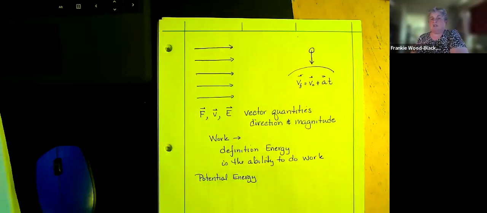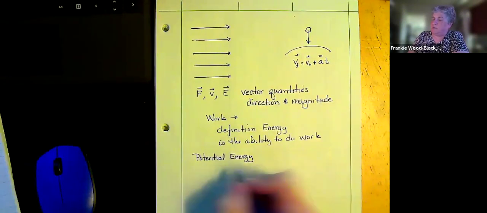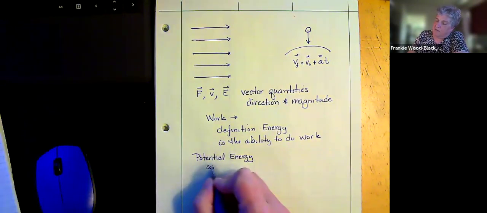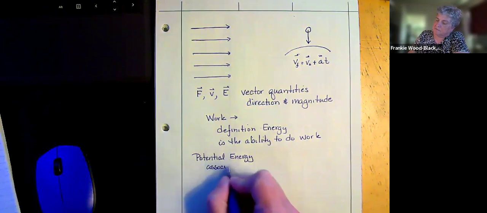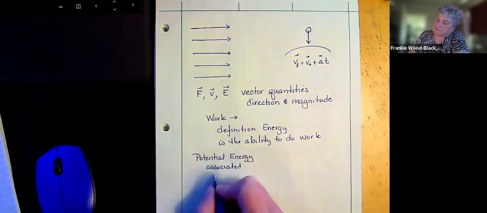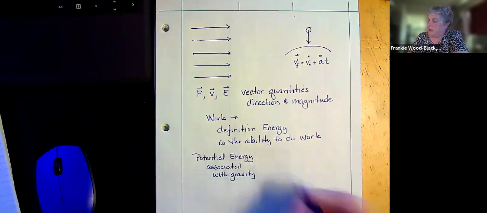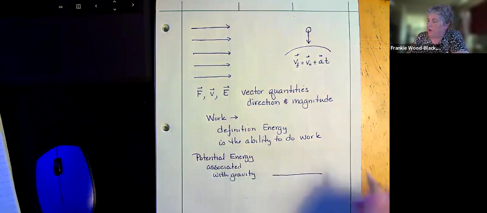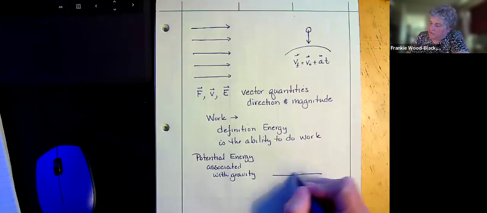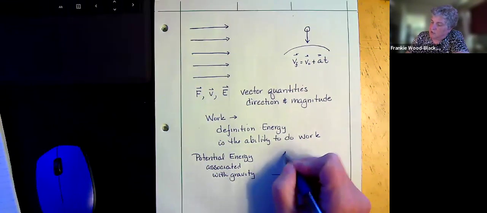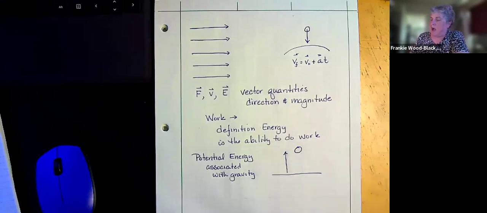That was looking at potential energy associated with gravity. Here's my ground level, and I actually have to do physical work to raise my object.